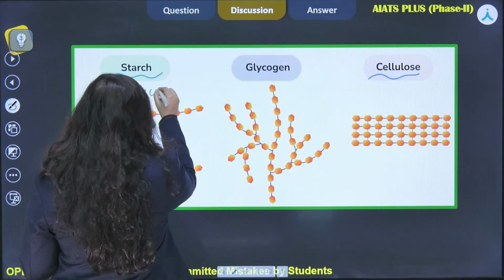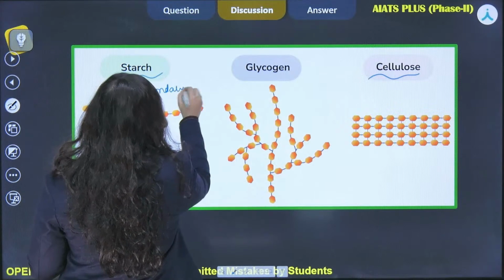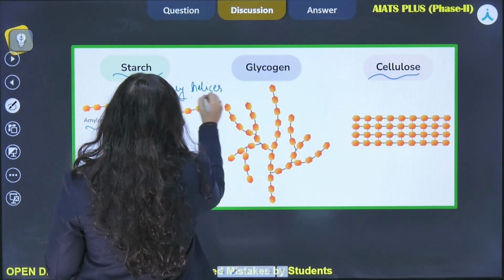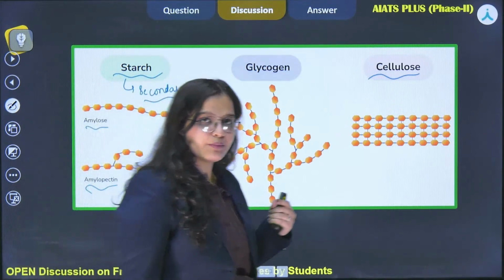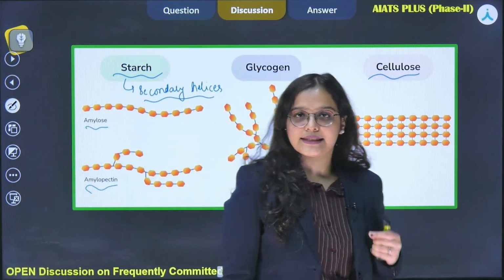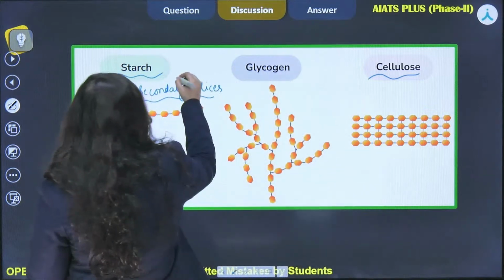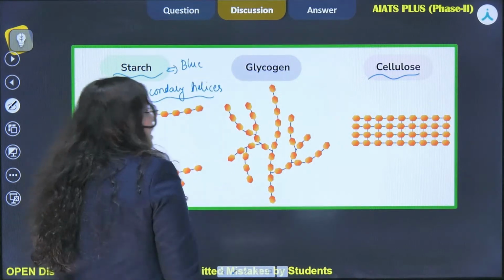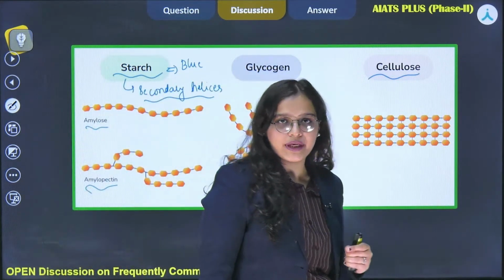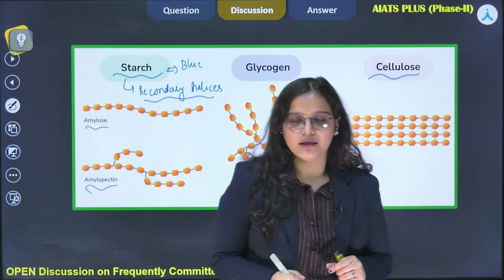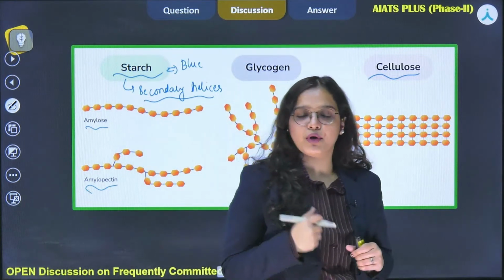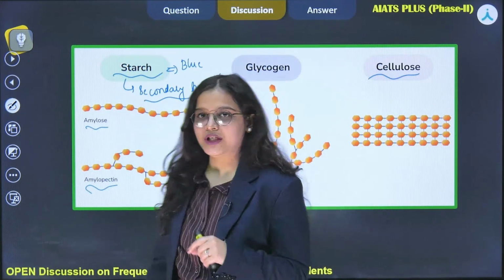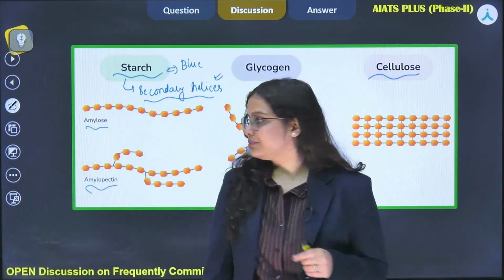Alright, so there are secondary helices which trap the iodine molecule when we are performing the iodine test, and this gives a blue color complex. So we say that the starch iodine complex forms a blue color because the iodine molecules get trapped in the secondary helices of the starch molecule.